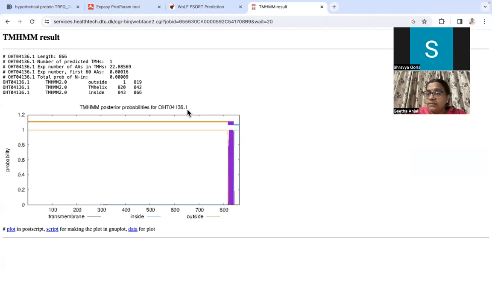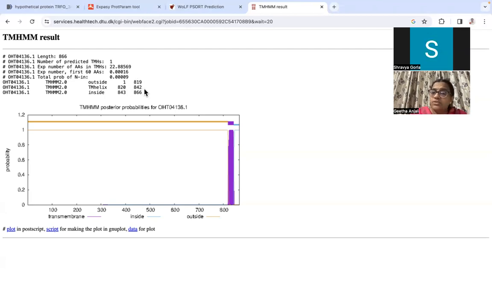As I mentioned, membrane proteins will be present in the membrane. Some part will span through the membrane, some portion of the protein will be exterior, and certain parts will be interior. You can see that in the analysis here. Outside indicates outside the membrane. A large amount of this protein, 819 amino acids, is outside.